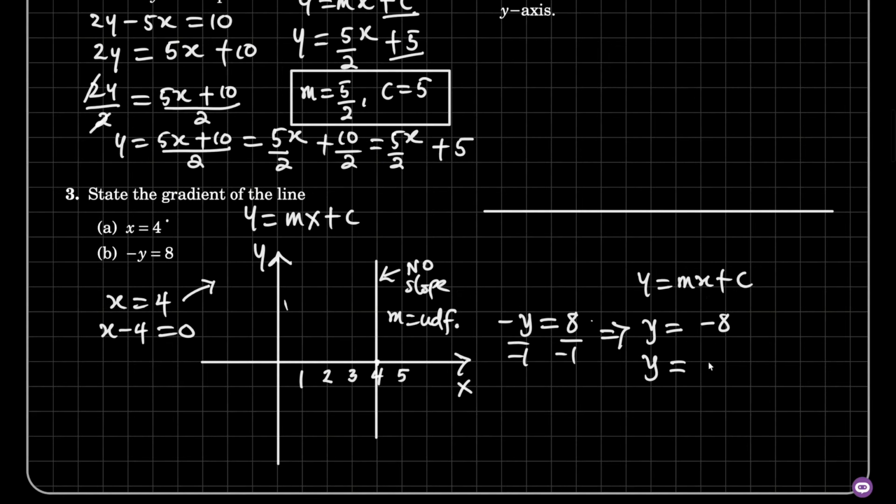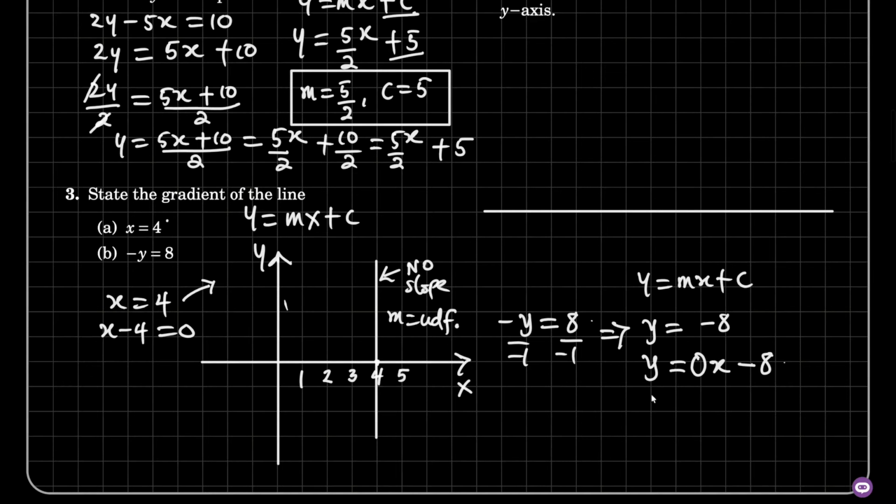So what we can do in that case is, since we know that any number multiplied by 0 is 0, we can rewrite this as 0x minus 8. Of course, this is like 0 minus 8. So 0x is 0.